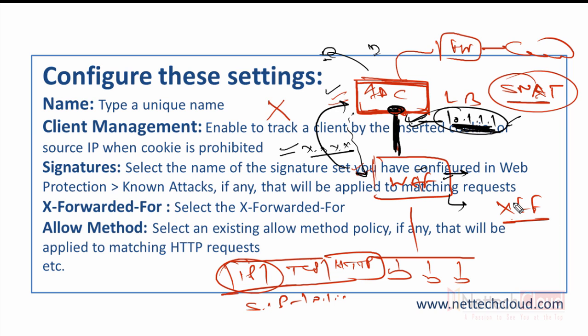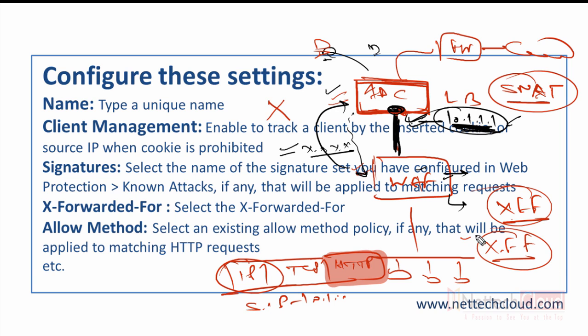So what happens when we enable XFF? The actual client IP address, the public IP address, is encoded inside the HTTP header. Inside the HTTP header, an attribute is inserted, X-Forwarded-For, right?